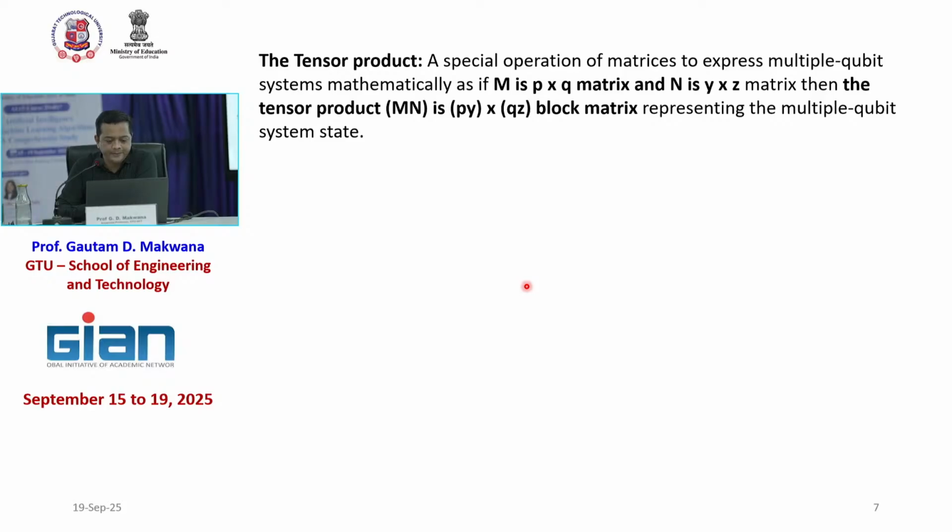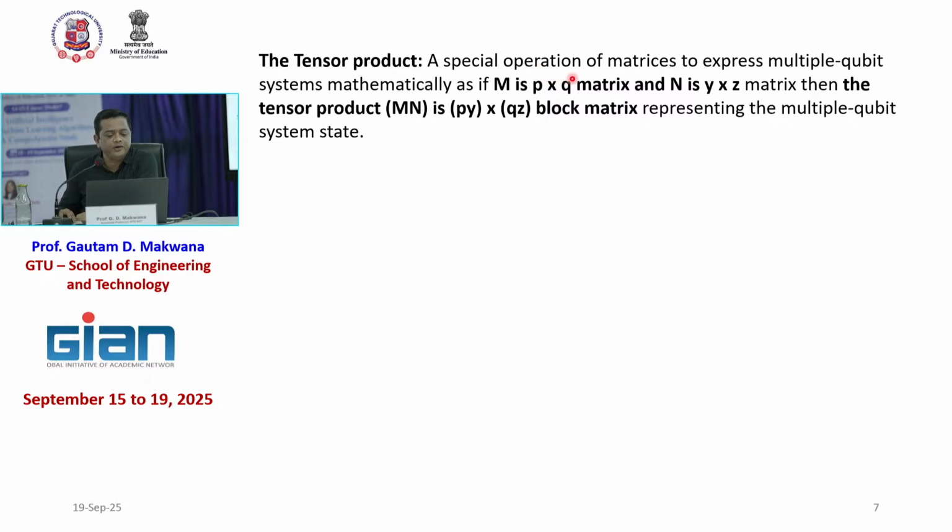Now, here this is a matrix notation. So how do we get the matrix notation when the number of qubits increases? For this case, they use the principle of the tensor product. What is the tensor product?